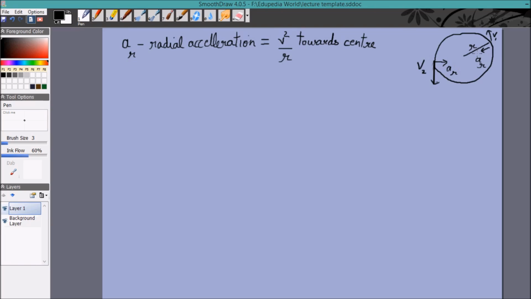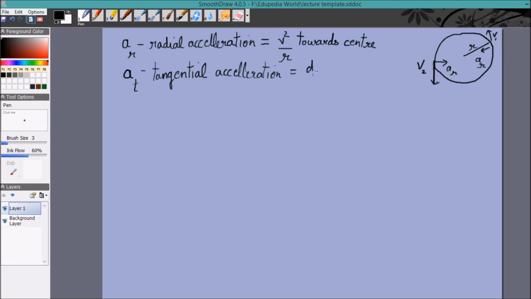The second type of acceleration, which only exists if v is changing with time, is tangential acceleration, and we denote it by AT. And since acceleration is a vector, we need the magnitude and the direction.